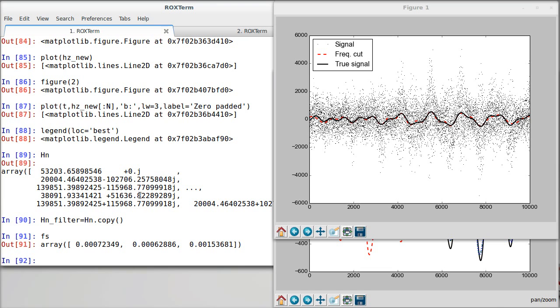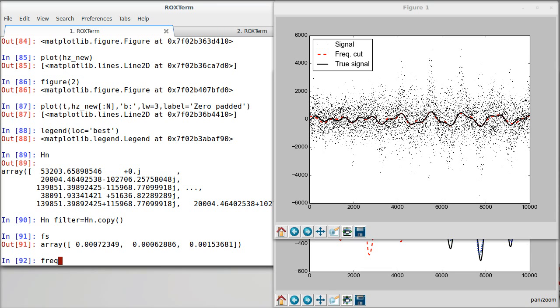Now we know the frequencies that actually appear in our signal are not too high a frequency. Okay, this 0.0015 is the biggest. So let's apply a frequency cut of, let's say, 0.002. Again, this is a somewhat arbitrary example, but just to get the idea.